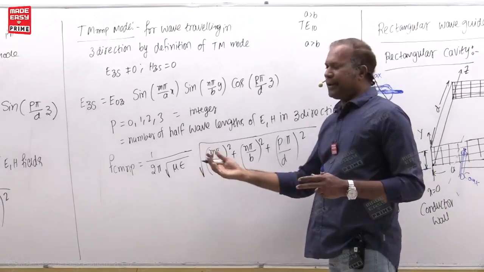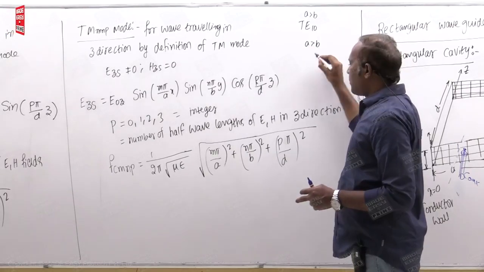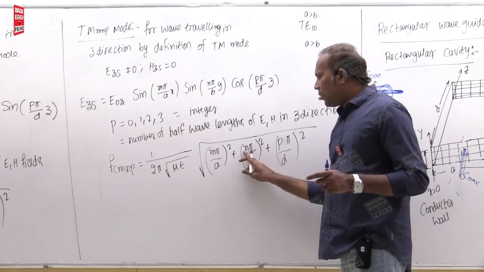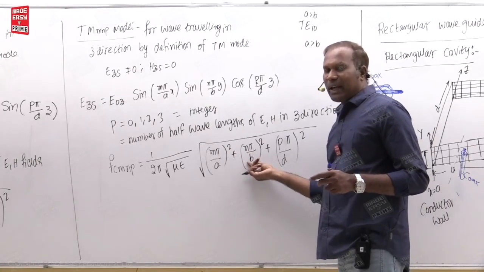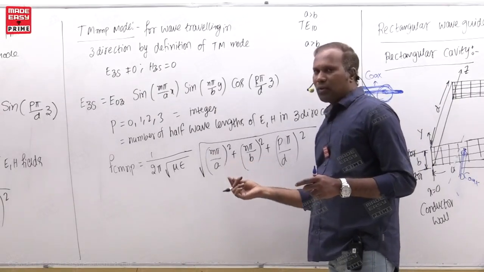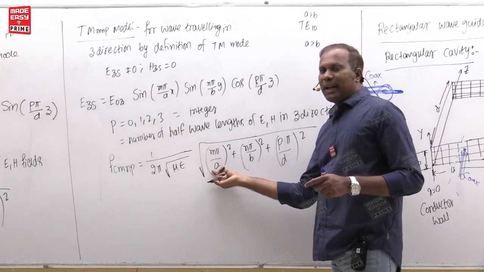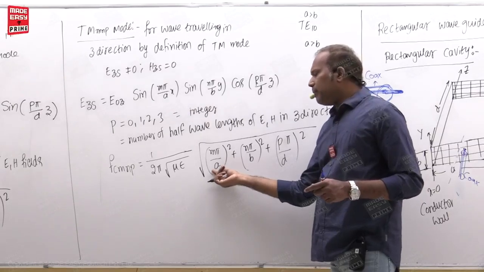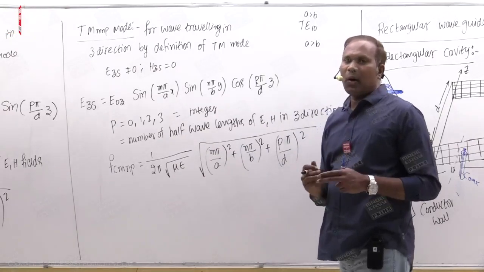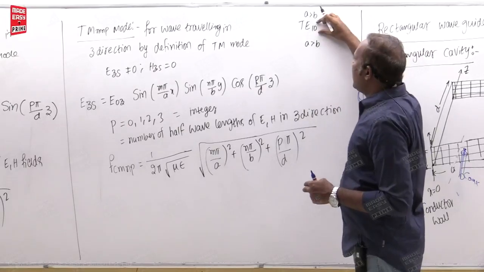Dominant mode means least cutoff frequency. So if A is bigger, B is smaller, you put this integer 0, then the smaller value in the denominator is eliminated, so that you put m is equal to 1, then A, that is bigger value in the denominator, is remaining. If bigger value is there in the denominator, in the numerator smaller value you get, that is the dominant mode, lowest cutoff frequency you get. So if A greater than B, this is the dominant mode.